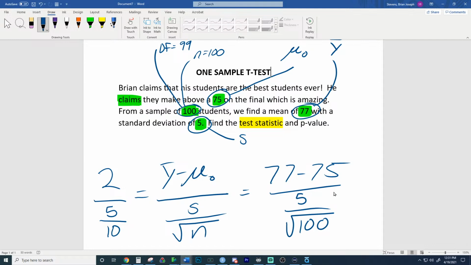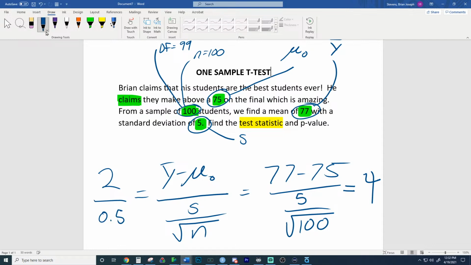So what does this solve to? When you solve this whole thing right here, which I did in a really weird order, it solves to 4. Great job right there. It'll solve to 4 because this solves out to 0.5.